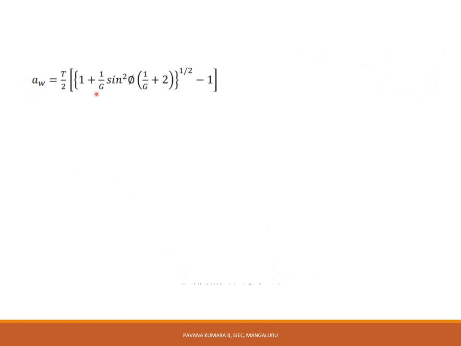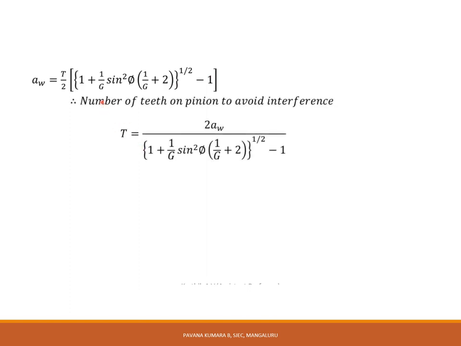So AW we can also write like this from the previous expression. Why? Because t by 2 is common, take t by 2 outside, then the remaining thing is minus 1. So find out t, the number of teeth on pinion to avoid interference, that is the expression actually.